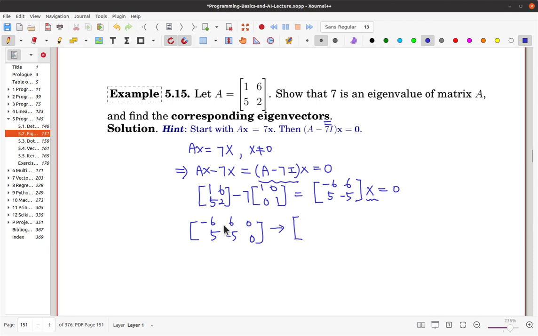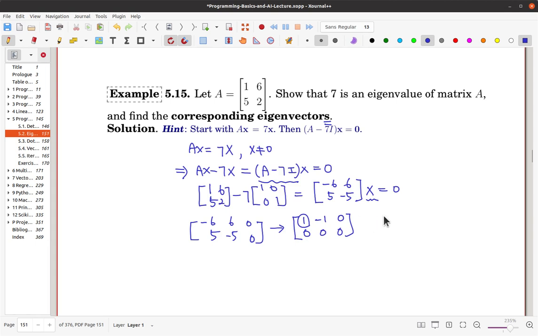Scaling makes 1, minus 1, 0. Again, scaling gives 1, minus 1, 0, the same. So with a replacement, we can make 0, 0, 0 here. So we have the basic variable x1, and x2 is a free variable.